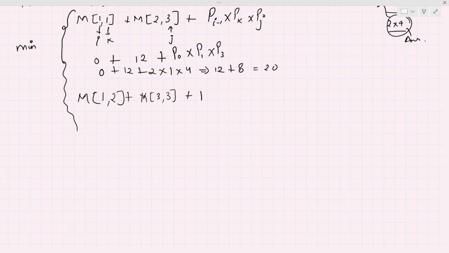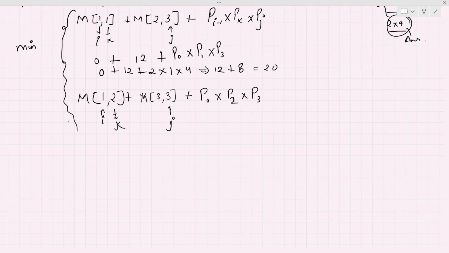Value of I is 1. This is I, this is J, and this is, sorry, I, K, and this is J. So Pi minus 1 is 0 cross Pk, value of K is 2, cross Pj, value of J is 3.